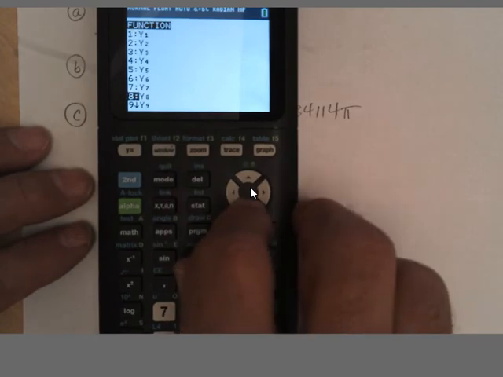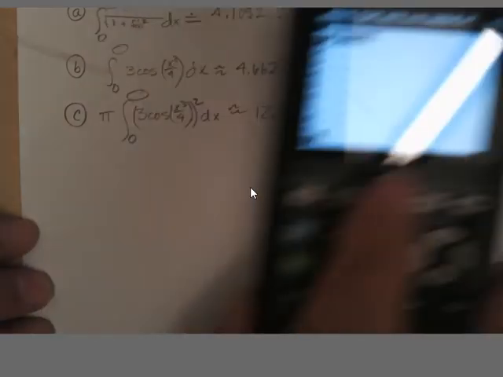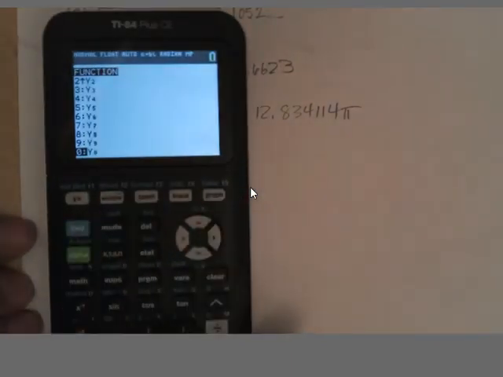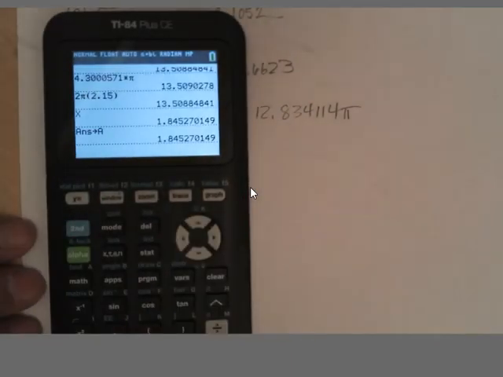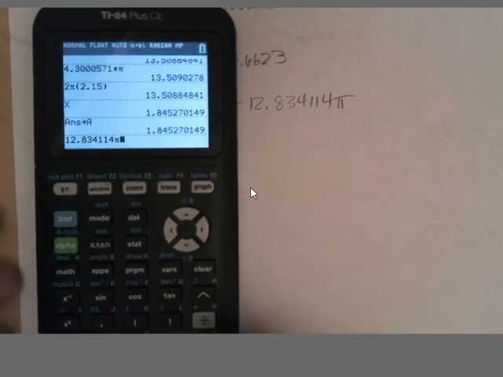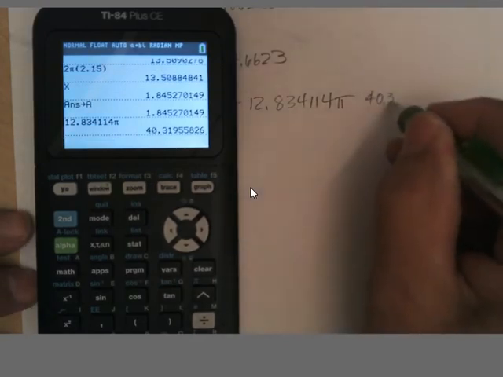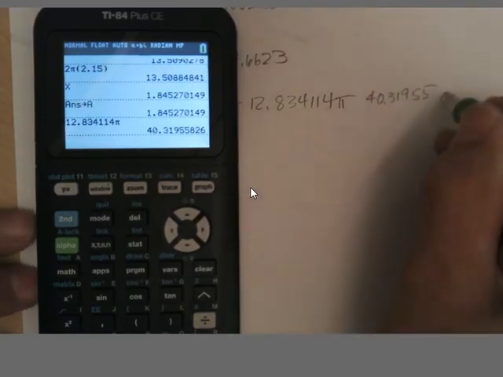Nope, I don't know where that is. I've forgotten where that is, it's stored somewhere. But anyway, I would take that, second quit, 12.834114 alpha pi, and I get 40.31955 and so on.